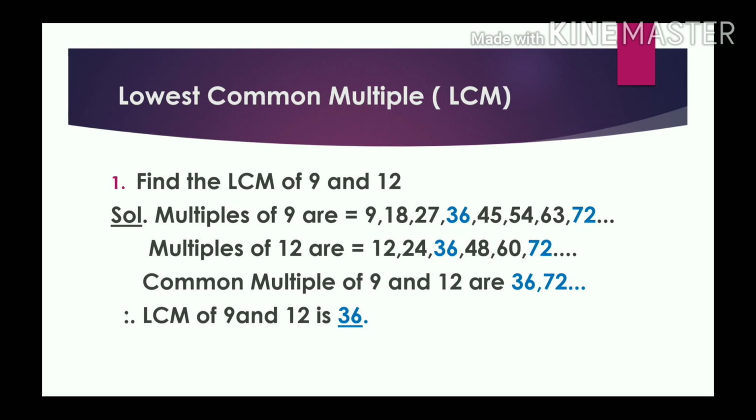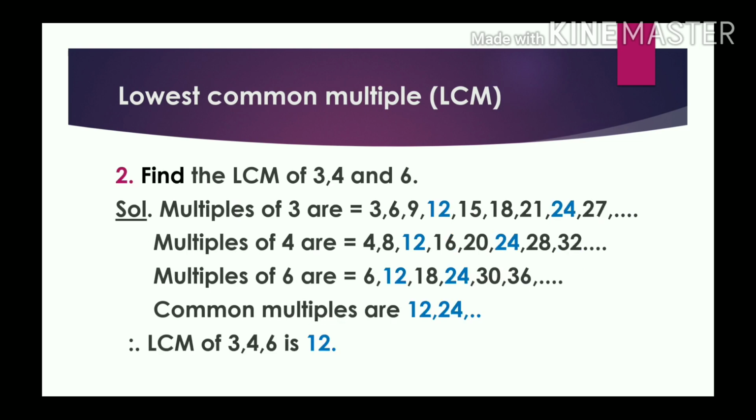So here the common multiples of 9 and 12 are 36 and 72. But we have to find the lowest common multiple. Therefore the LCM of 9 and 12 is 36, because 36 is the lowest of these common multiples.